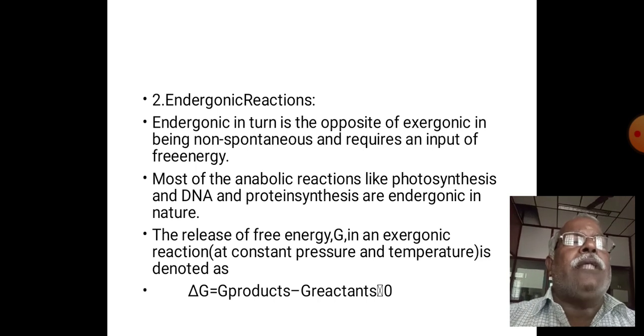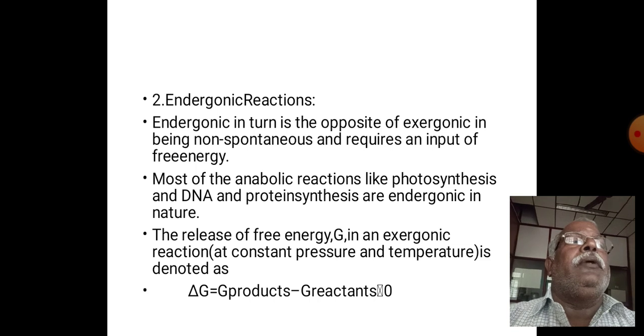Most anabolic reactions, like photosynthesis, are endergonic in nature. The free energy change of an exergonic reaction is denoted as delta G products minus delta G reactants.